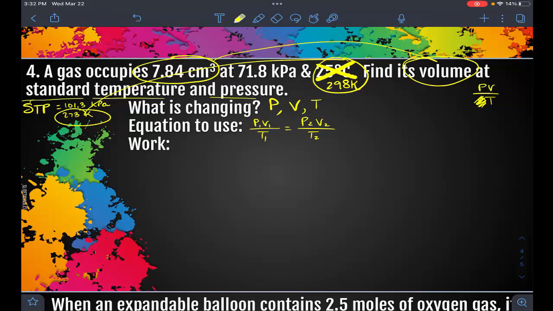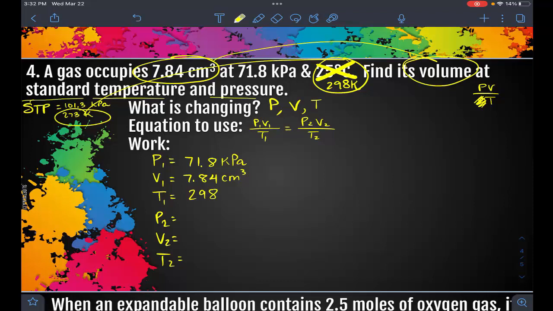Okay, we want to make a list of our variables. P1, V1, T1. I'm going to list them out. And then P2, V2, T2. Okay. So starting pressure was 71.8 kPa. Starting volume was 7.84 cubic centimeters. And starting temperature was 298 Kelvin.